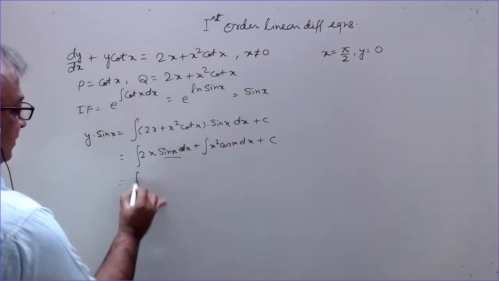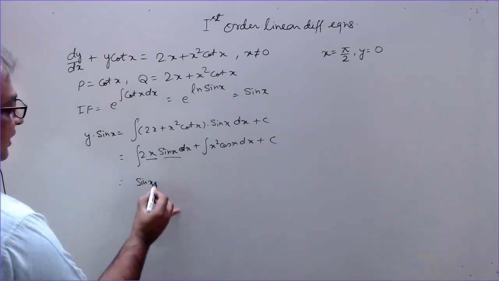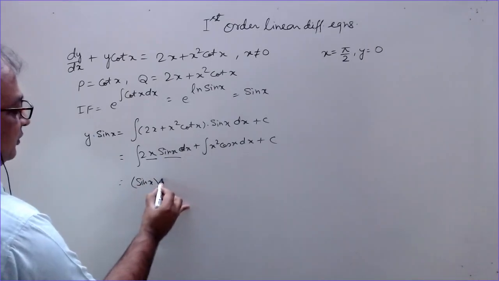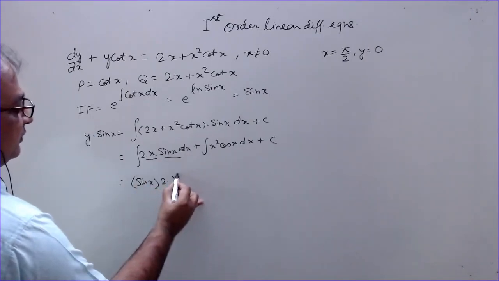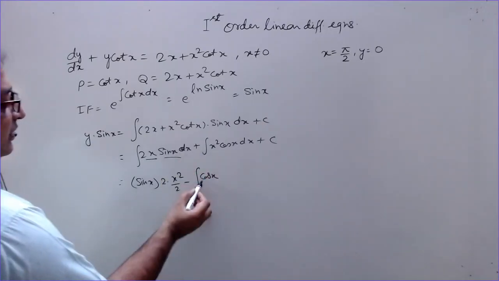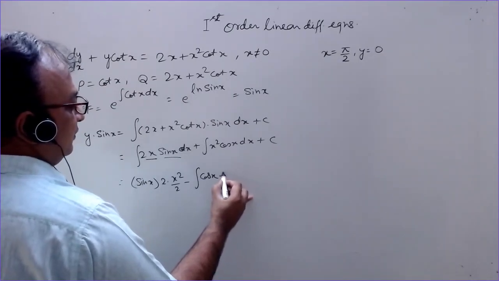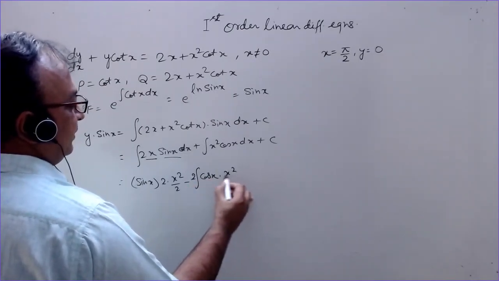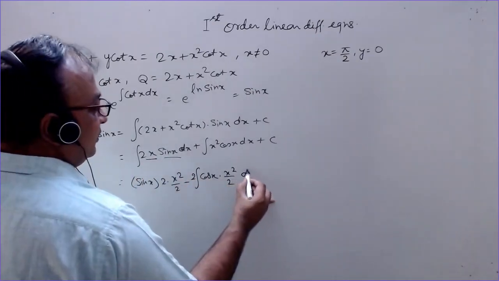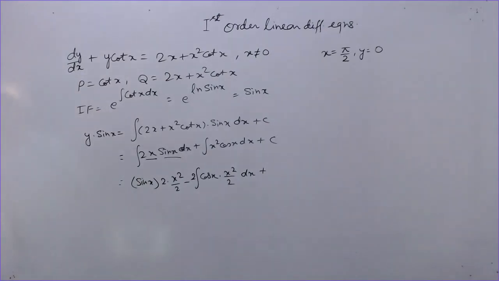Taking this as first function, so sin x, and this is the second function, 2 into integral of second, x square by 2, minus integral of cos x, since sin x differential is cos x, into integral of 2x, x square by 2 dx, plus similarly you can perform the second integral, integral of x square cos x dx.